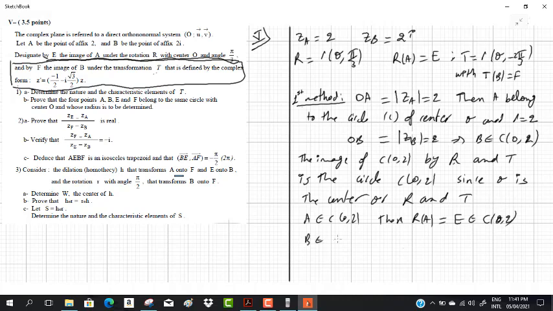B belongs to the circle C of center O and radius 2, then T of B, which is F, belongs to the same circle of center O and radius 2. So they belong to the same circle of center O and radius 2.